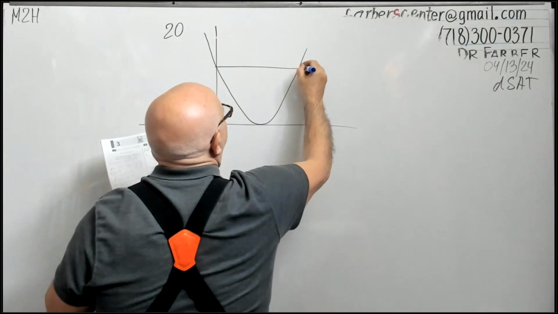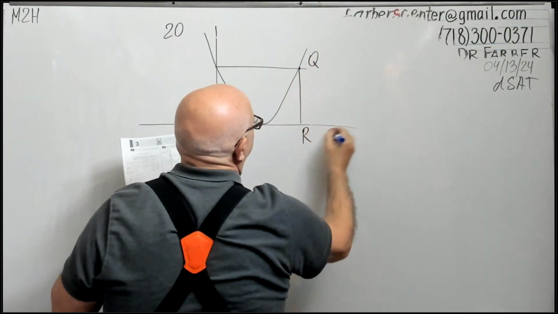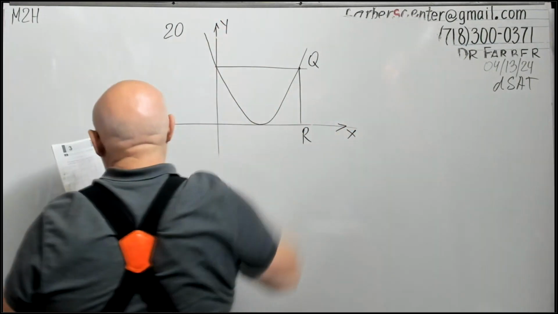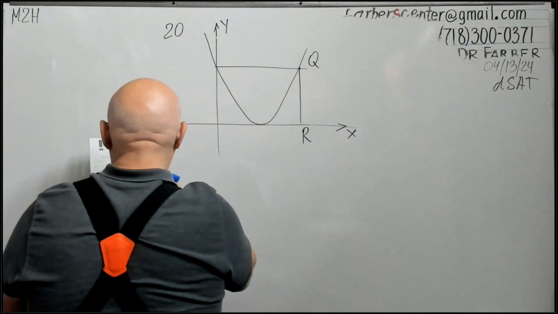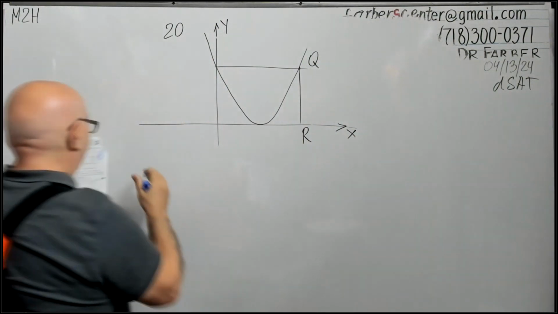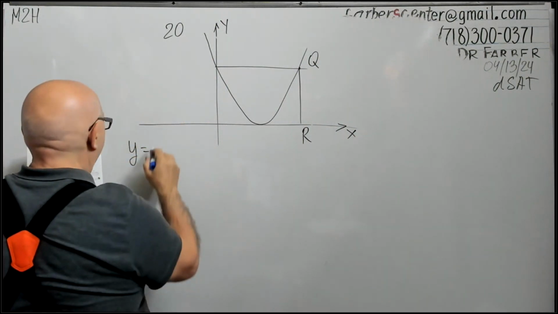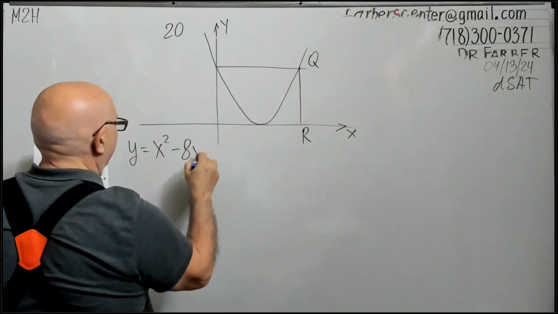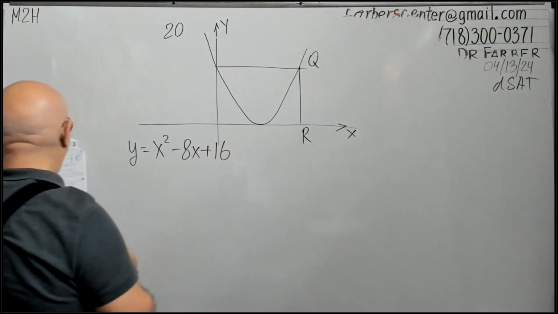And this is Q. They specify this R, X, Y. And they give an equation: y equals x squared minus 8x plus 16.